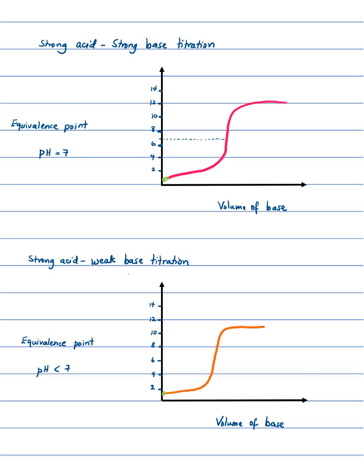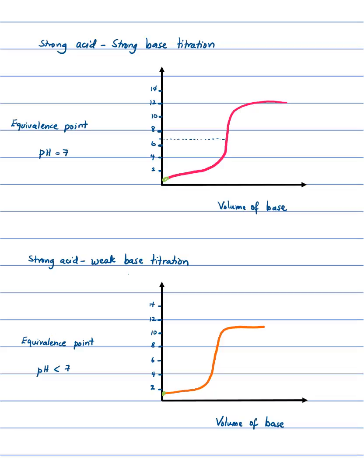In the middle part of that jump, you can identify the pH at the equivalence point for that specific titration. That's another thing that you need to be able to identify in your titration plot. For a strong acid titrated with a strong base, the equivalence point happens always at a pH equal to 7.